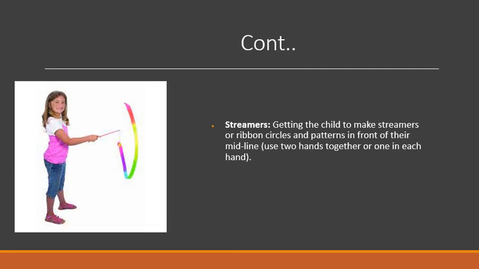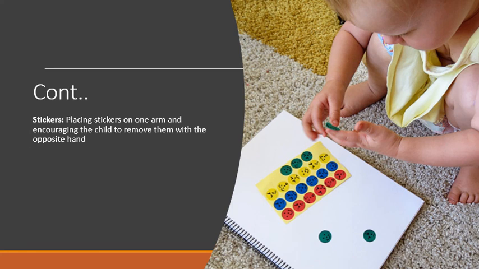Streamers: getting the child to make ribbon circles and patterns in front of their midline. Stickers: placing stickers on one arm and encouraging the child to remove them with the opposite hand.